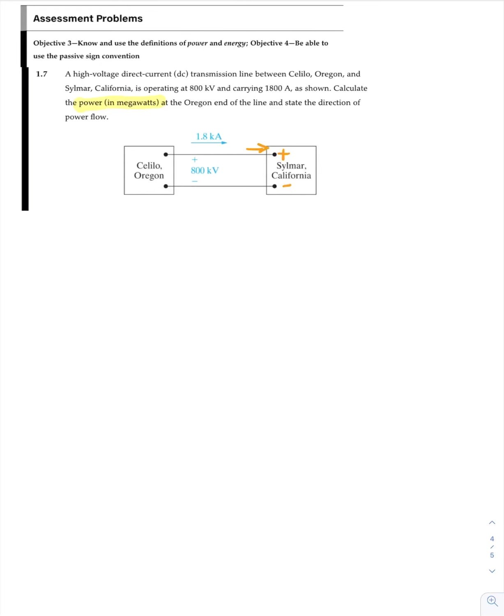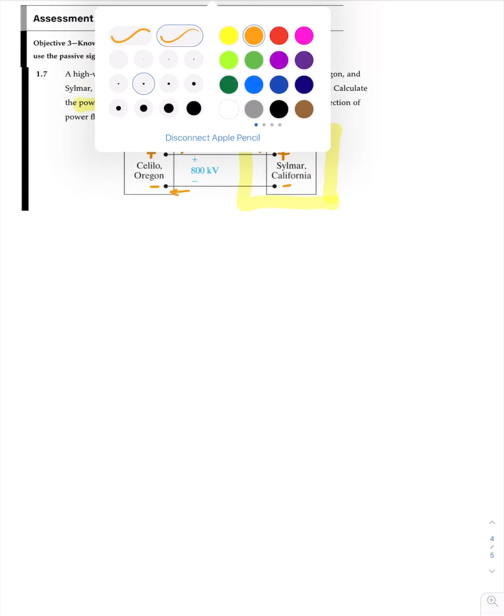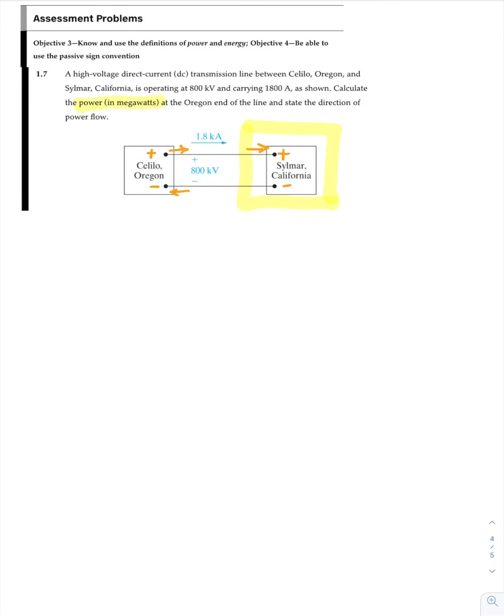On the Oregon end of things, the polarity is like this, and the current is leaving the positive terminal, or we could say it's entering the negative terminal. So we will take advantage of the passive sign convention at the California end of things.